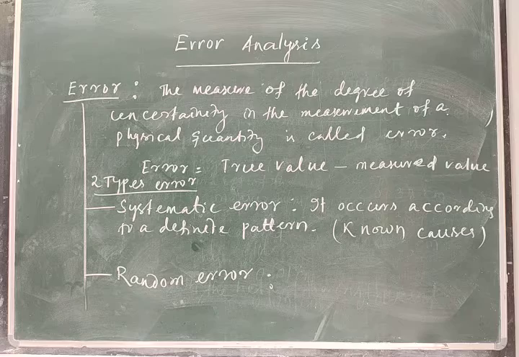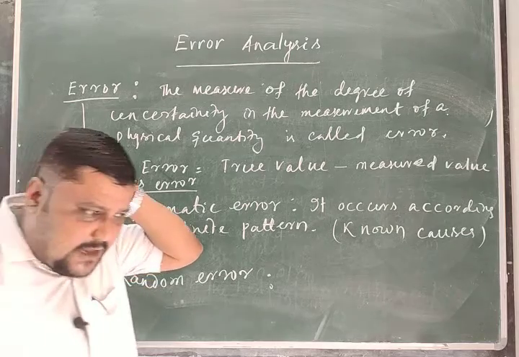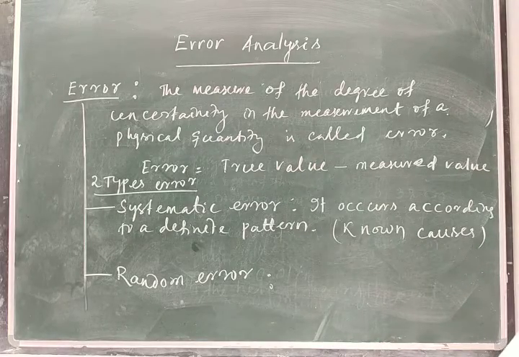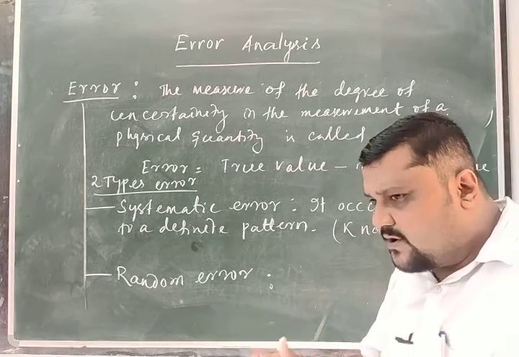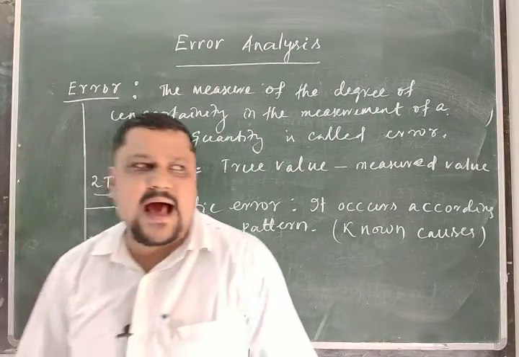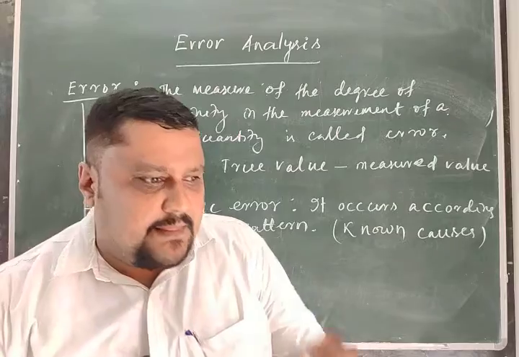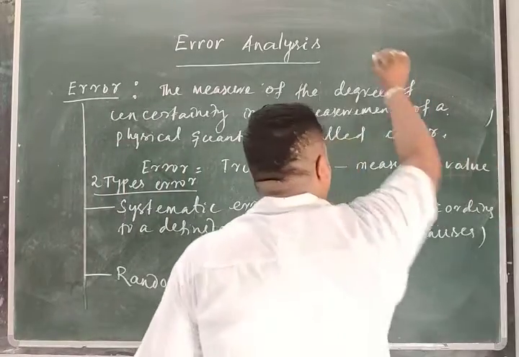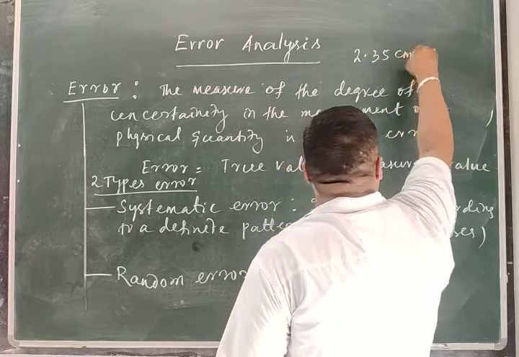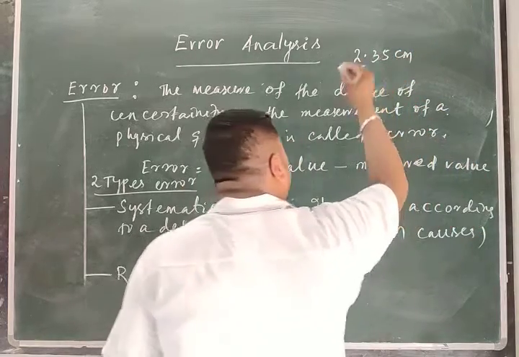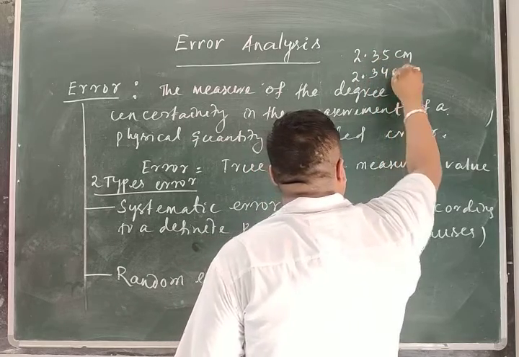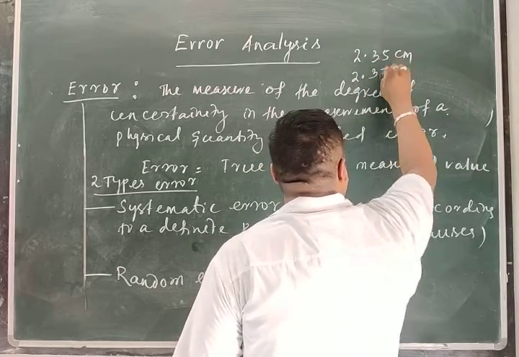Means the point is that however many times I measure that physical quantity, I will get an error on the higher side. Suppose there is a length of 2.35 cm that I want to measure, and when I measure this length, I always get 2.37 cm.